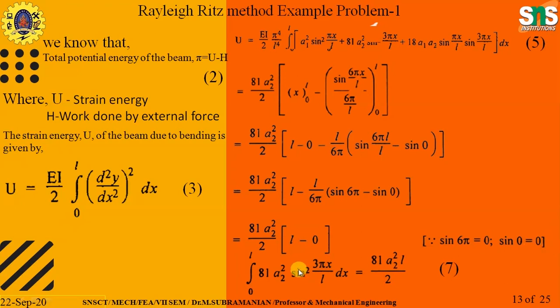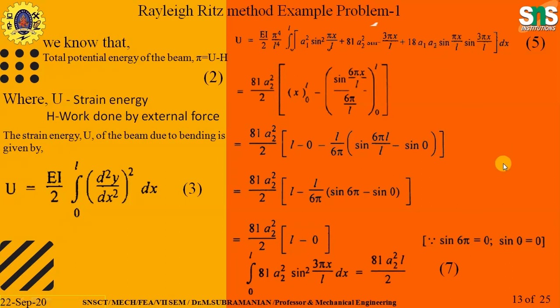So this term is 0, and finally we get a2 squared into L divided by 2. This is equation number 7. So we have determined equation number 6 and equation number 7.